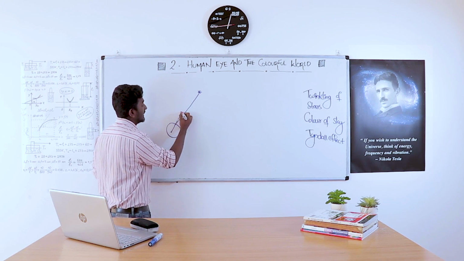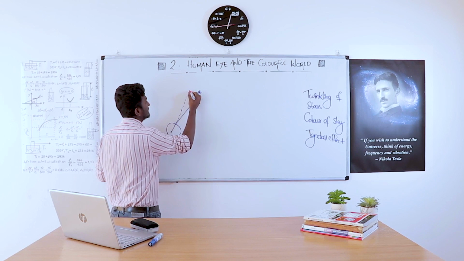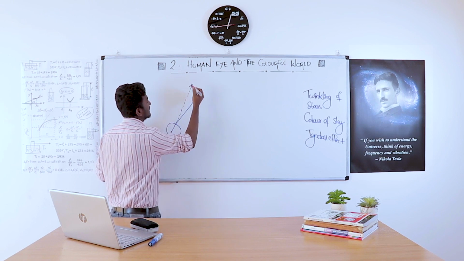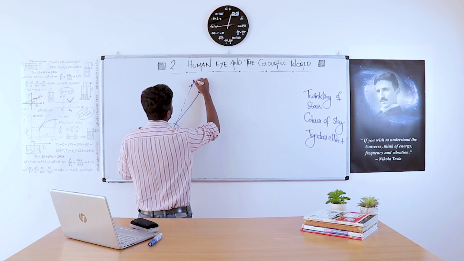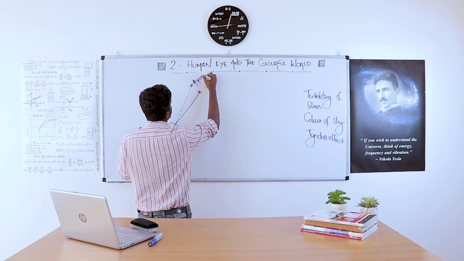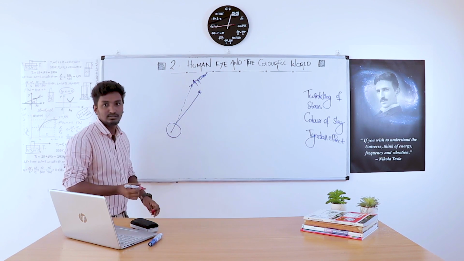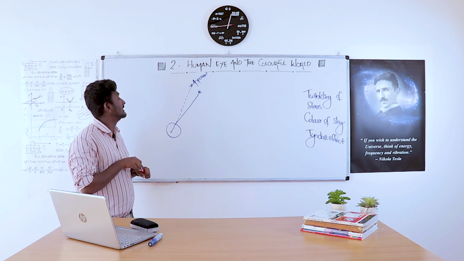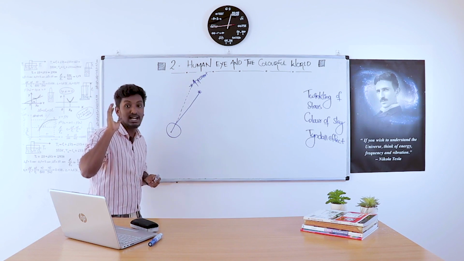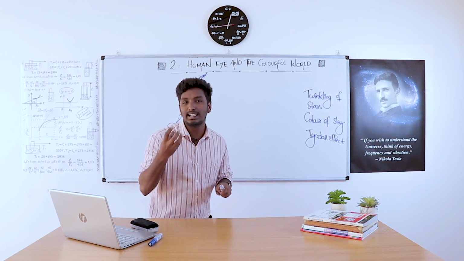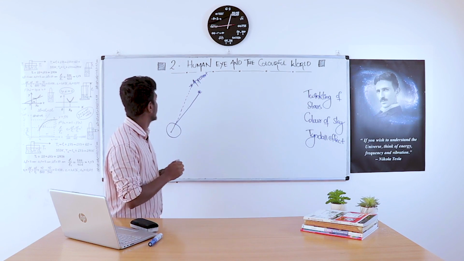So when we are seeing the stars, we are seeing them in an apparent position, not in the actual position. And since they are at a very large distance from the earth, we see them as minute objects.